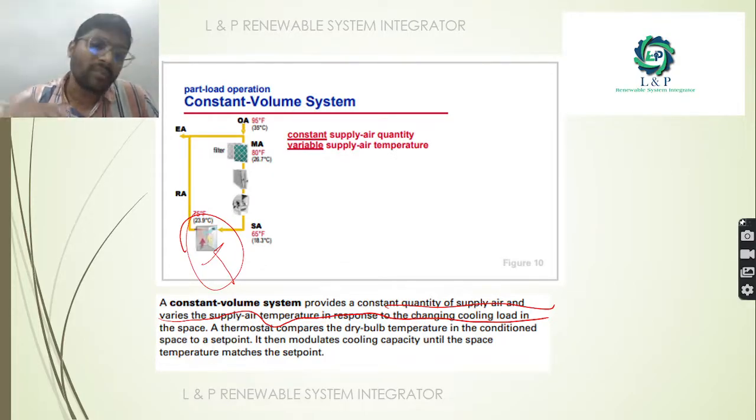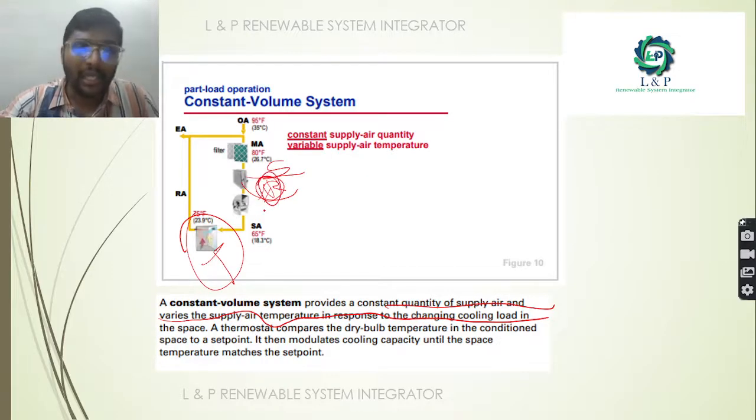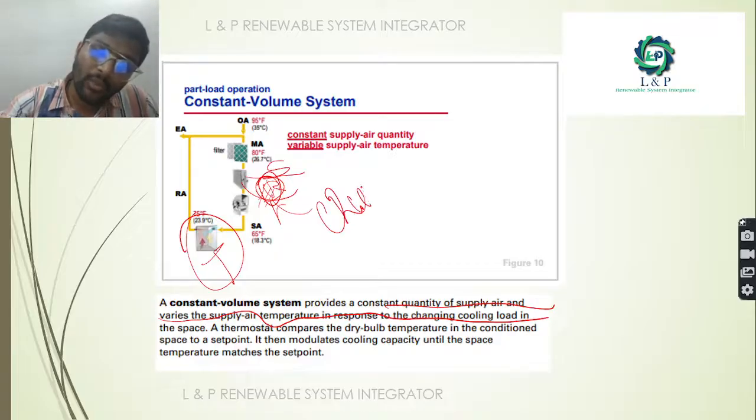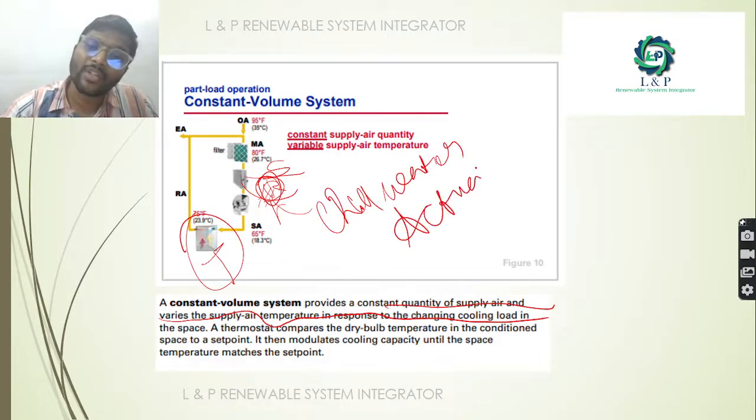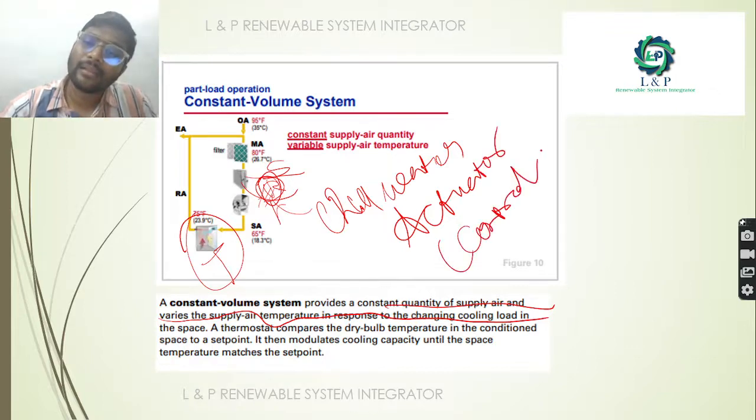As you can see here, we have a cooling coil, so there will be a supply line and a return line. In the return line we will have a cooling coil, and we will have a chilled water actuator. Using this chilled water actuator, we will be controlling the water flow.